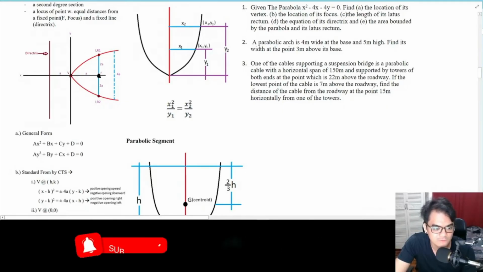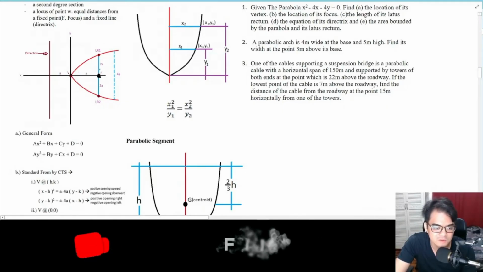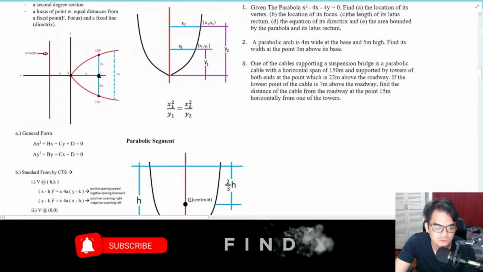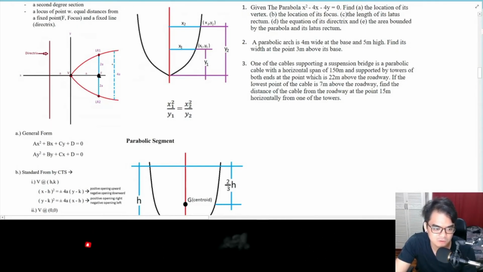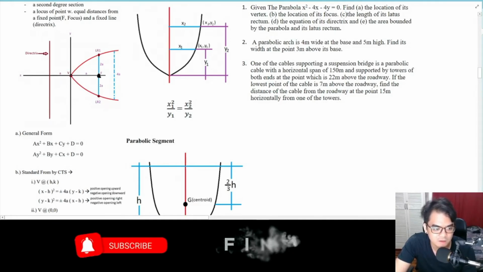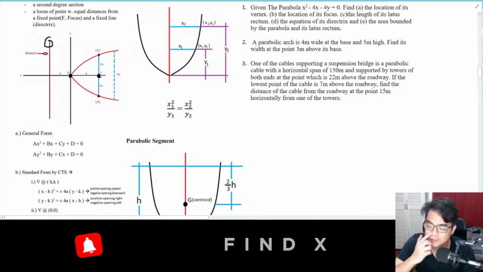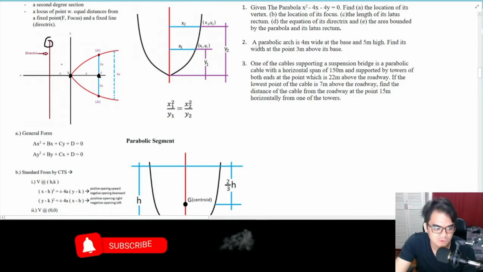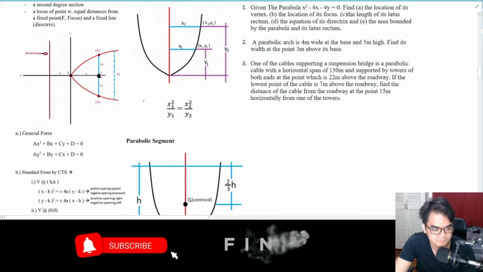The distance from the vertex to the focus is a, and the distance from the focus to the latus rectum is 2a, and the distance between the latus rectum and the other latus rectum is 4a. And if you go back here, the distance from the vertex to the directrix, which is usually a line, is also a.